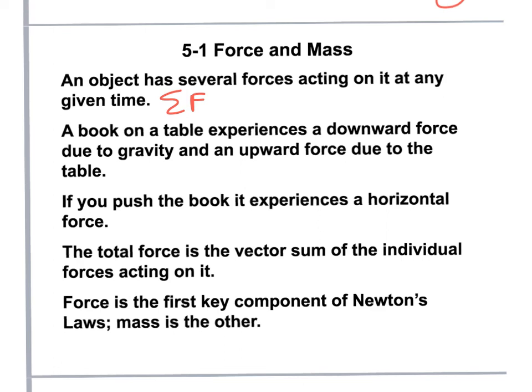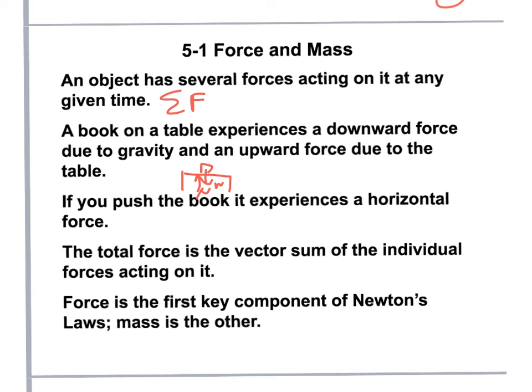And then similarly, a book on a table experiences a downward force due to gravity, as well as the upward force due to the table. So if we have our table here and our book, we have the downward force due to gravity, that's the weight, and the upward force due to the table, that's your normal. So we have the normal force and weight acting on this book.